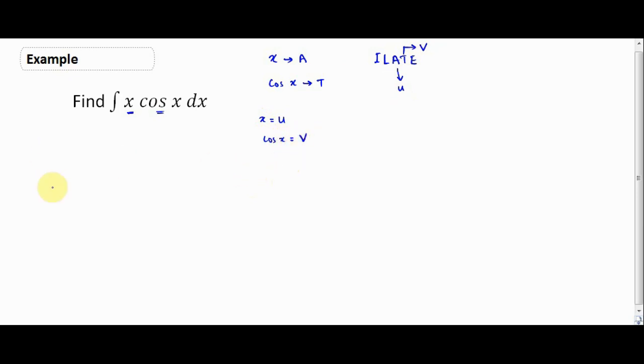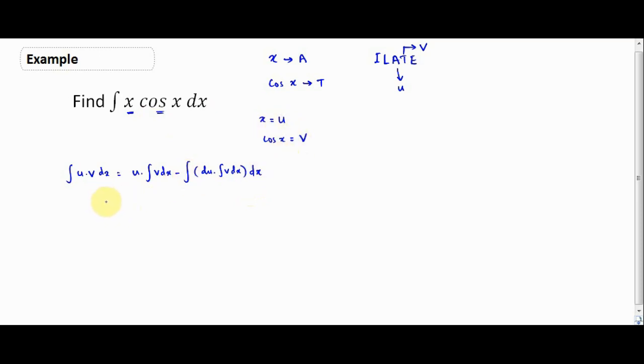Now let's apply the formula. Integral of u into v dx equal to u into integral of v dx minus integral of du into integral of v dx dx. So this is the formula we have to use. In this case, u is nothing but x and v is nothing but cos x. So let's apply these here.